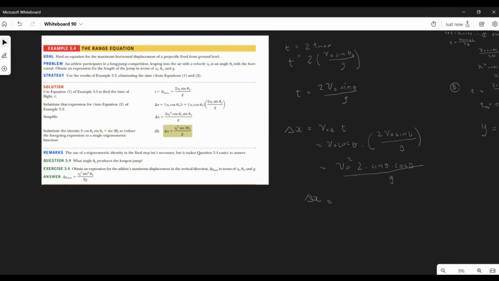One of the double angle rules. Tabo, Colin, do you remember? Yes, it gives us sine 2 theta. So it's V0 squared sine 2 theta divided by G. We can literally plug this in and get the maximum range.